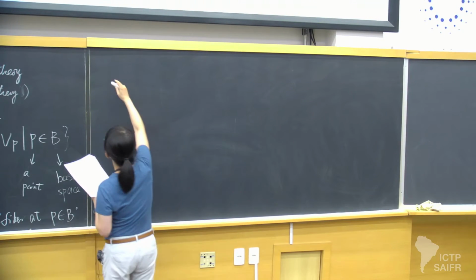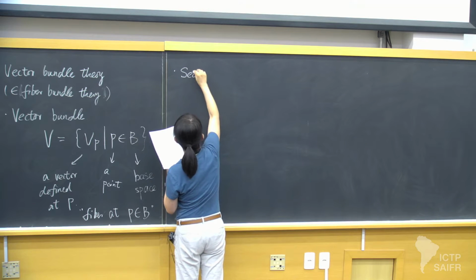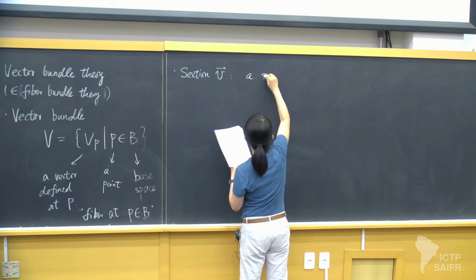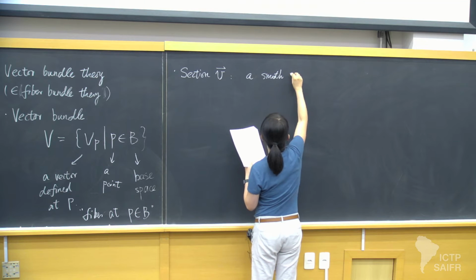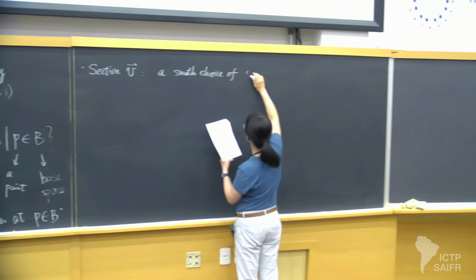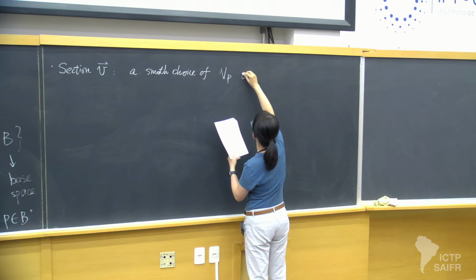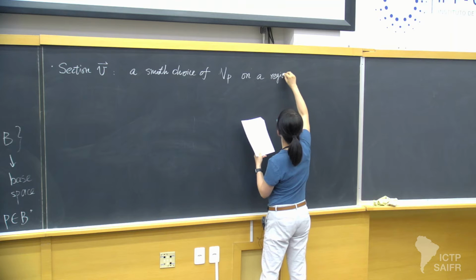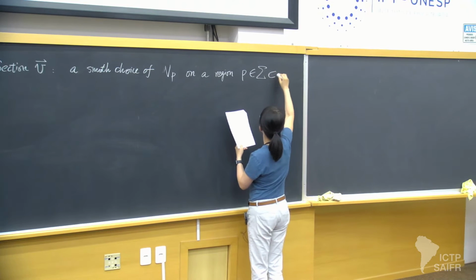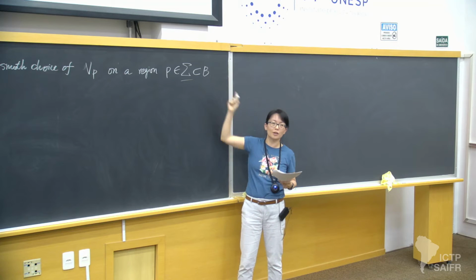And then an important concept we need to use a lot here is called a section V, which is a smooth choice of V_P on a region sigma. So this sigma is the region, and it's a part of the base space, okay?